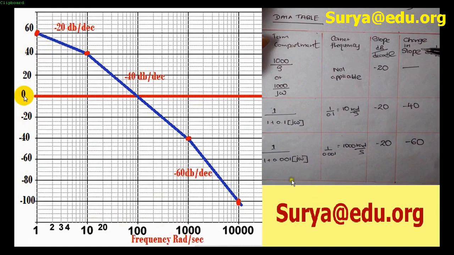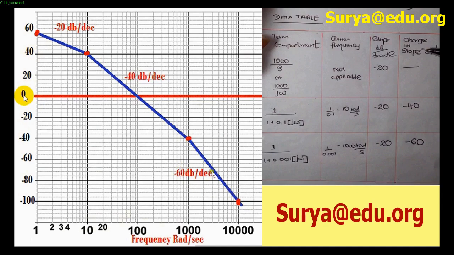Here there is no further compartment, but the change in slope starting from this compartment is minus 60. So what is this part? That is the change in slope from omega c2 to omega h, because you know omega h is 10,000. The change in slope starting from 1000, which is omega c2, to omega h will be minus 60 decibels per decade.